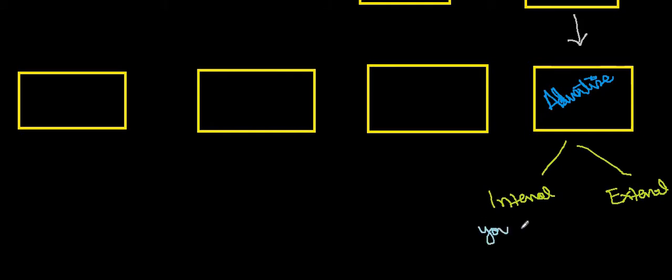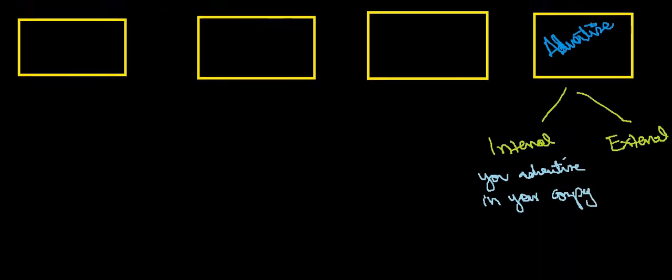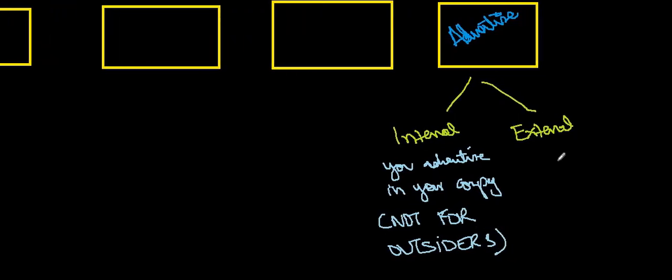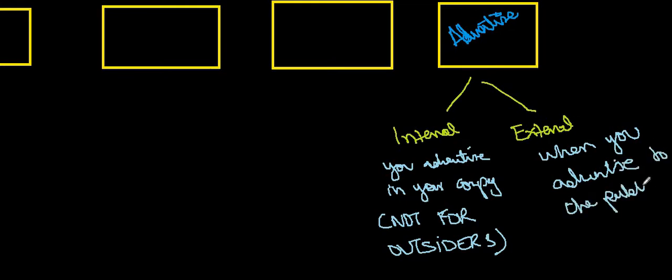You advertise in your company, not for outsiders. Whereas external is when you advertise for the public, to the public, so that anyone can come.